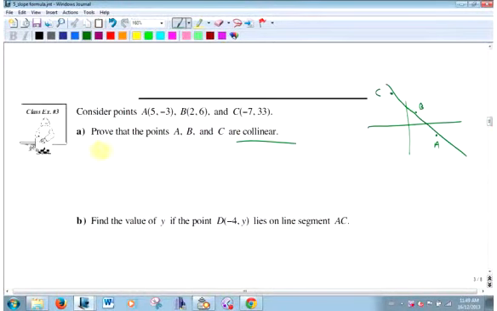So all we got to do to prove this is say, well, the slope of AB, if that equals the slope of BC, then it's proved. Okay? They're all on the same line. Because if they're on the same line, the slope can't change, right? This slope can't be like this, and this one be like this. Then by definition, they're not collinear.